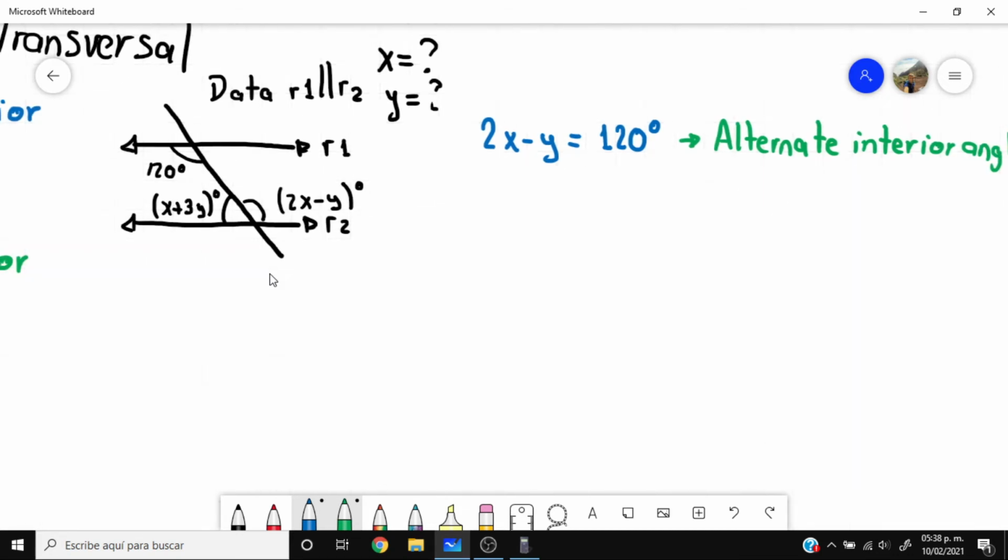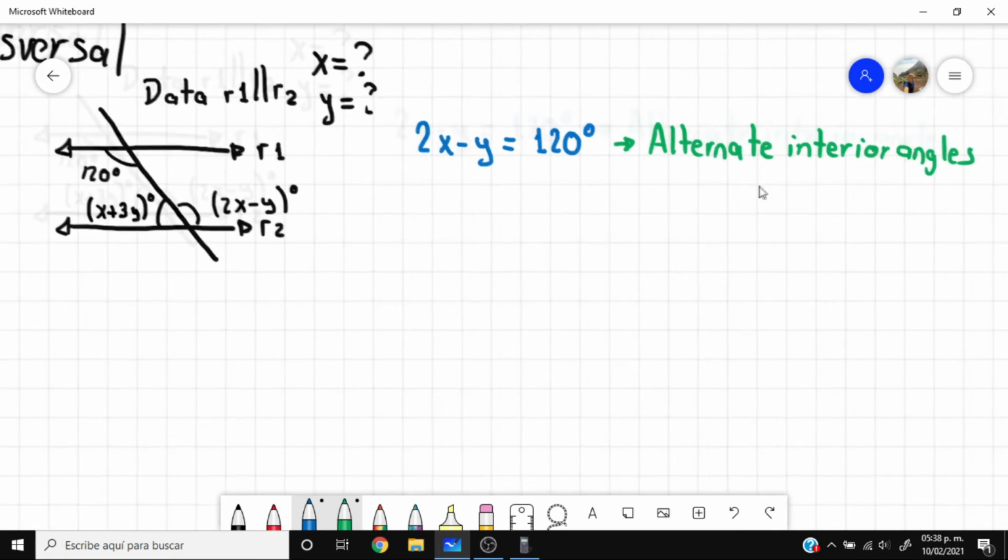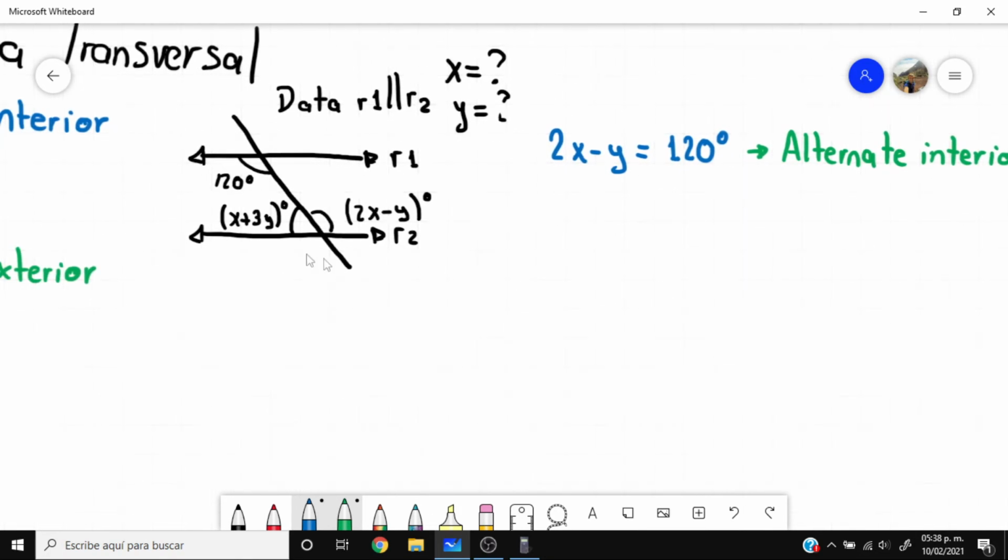Now, what about this angle over here? Okay, if I try to use the same procedure of alternate interior angles, that means that this angle that is here is gonna be the same as this angle that I have there, but I don't know that angle, okay?